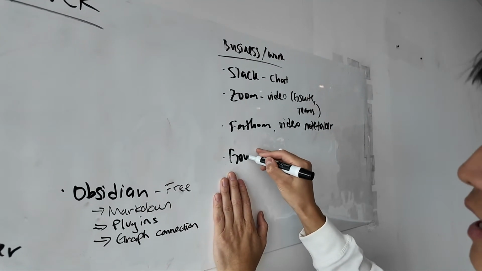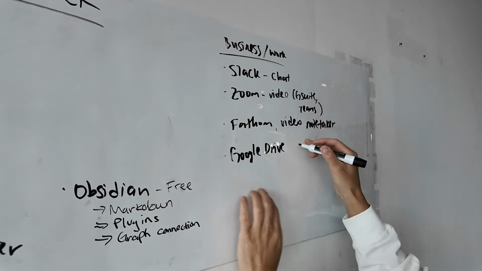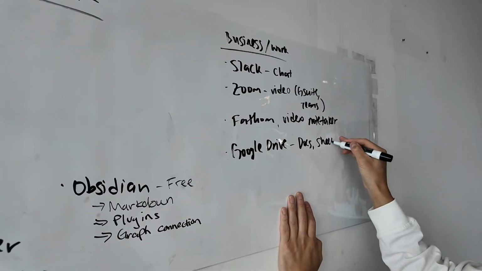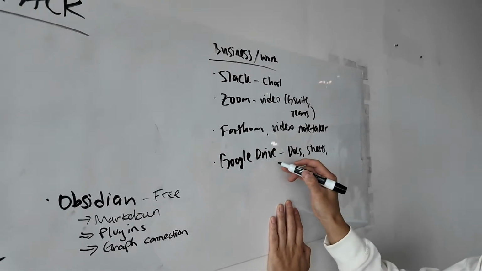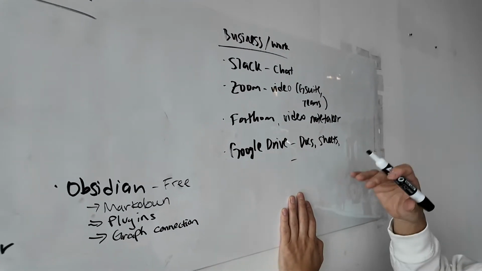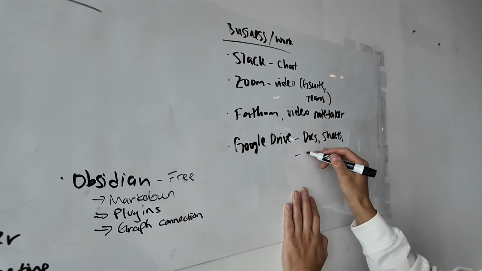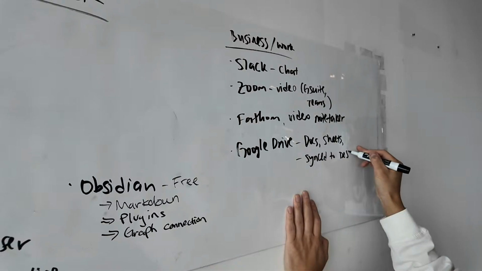But Google definitely has their own ecosystem. I think Google Drive is honestly worth mentioning too, because I'm a heavy Docs, Sheets, not so much Slides, Google Drive user. I also have Google Drive on my desktop downloaded, synced to desktop.